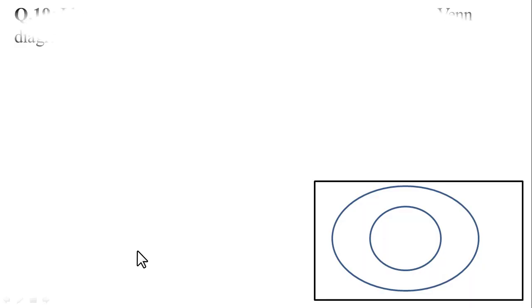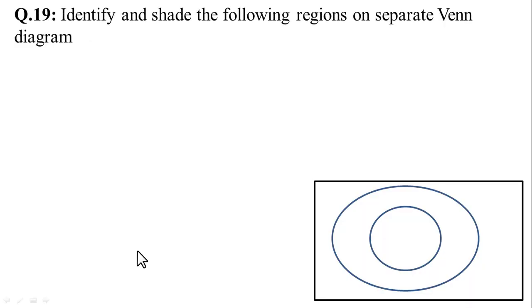Now in the next question, question number 19. Identify and shade the following region on separate Venn diagrams. In this diagram, we can see that one set is a subset of the other set. First of all, in the first part, find the Q prime. Q prime means universal set minus elements of Q, and taking union with P and draw the diagram.